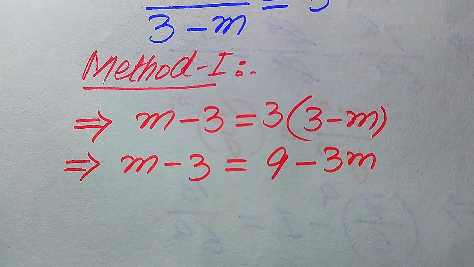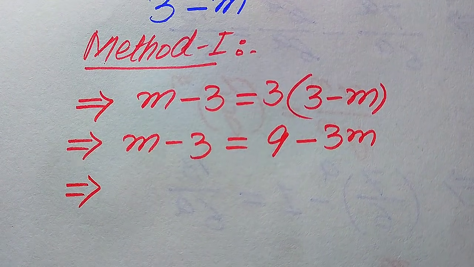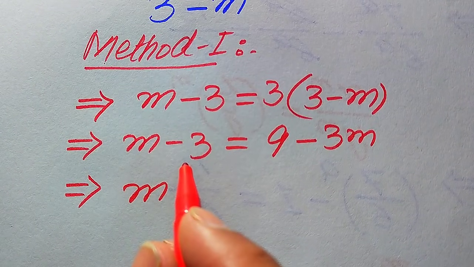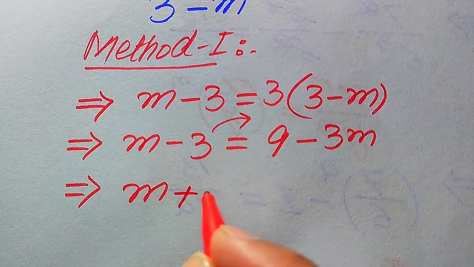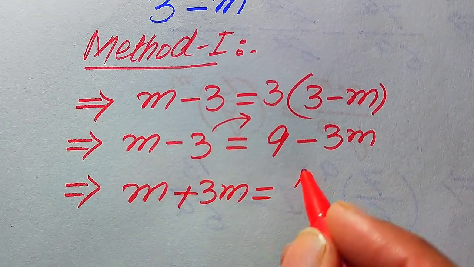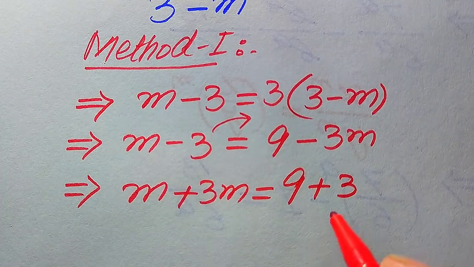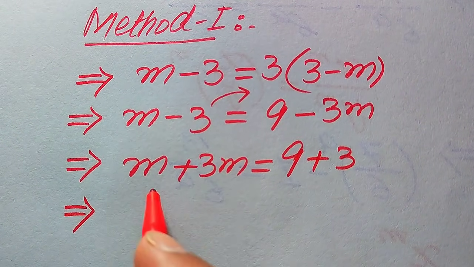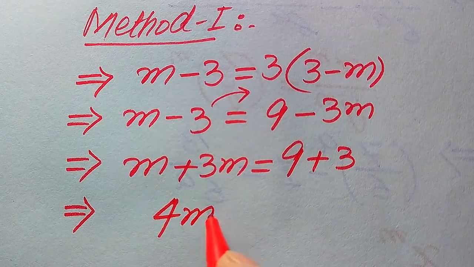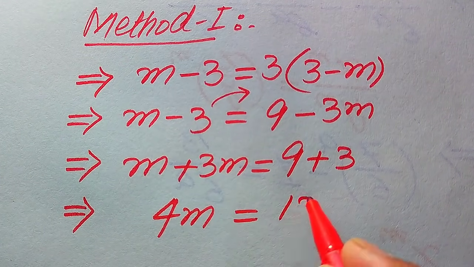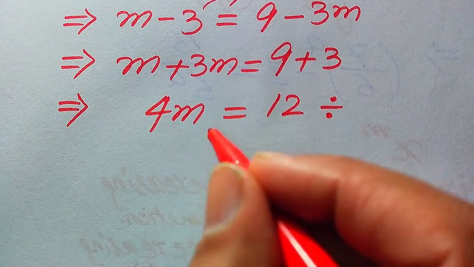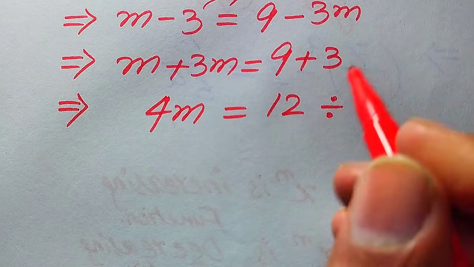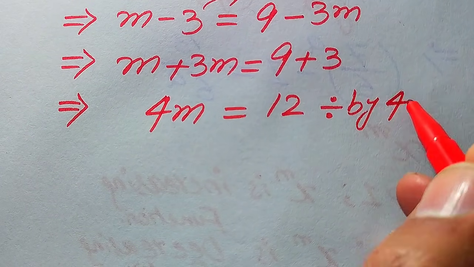In the next step we need to move the variable terms from the right hand side to the left hand side, and we move the constant term minus 3 from the left hand side to the right hand side. So minus 3m becomes plus 3m, equals 9, and minus 3 becomes plus 3. Further, m plus 3m becomes 4m, equals 9 plus 3, which becomes 12. Then we need to remove this 4 from the left hand side, and for this we divide both sides by 4.